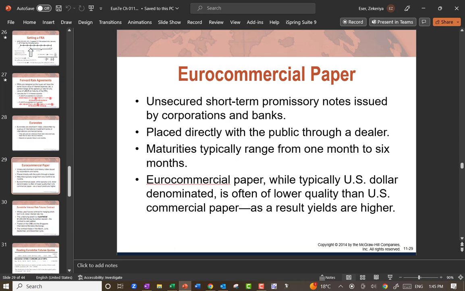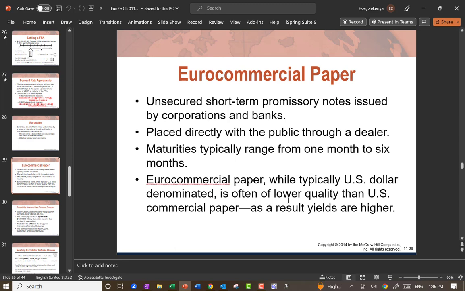The so-called commercial paper is similar to notes, but typically with even much shorter maturity. Many companies issue commercial paper to finance short-term needs such as inventory and accounts receivable.